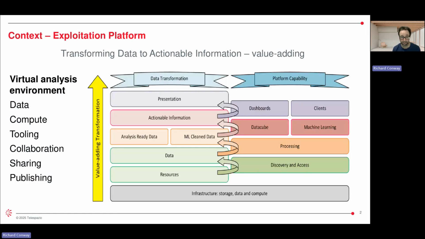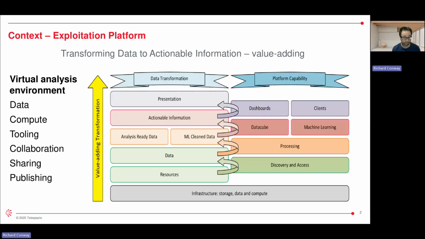And so within that chain there are a number of capabilities that are needed. So the data needs to be discovered and it needs to be retrievable or visualizable. Then there are various layers of processing. So you need a capability through which platform users can express their own processing algorithms. Then the data can be transformed, for example, into data cubes to make it easier to analyze in the higher layers of the platform.